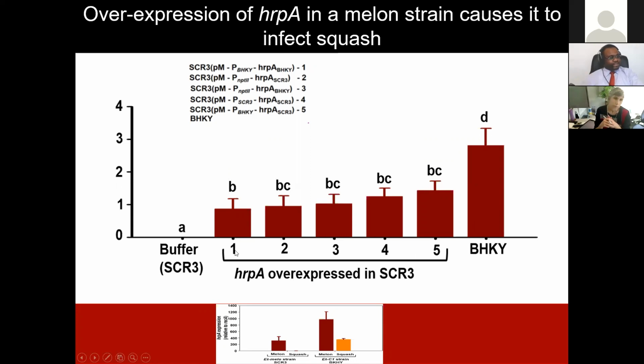But constructs 1 to 5 of SL3, overexpressing ErpA fused to different promoters, all showed significant levels of wilt on squash. So this is the very first time we are finding melon strains gaining the ability to wilt squash.